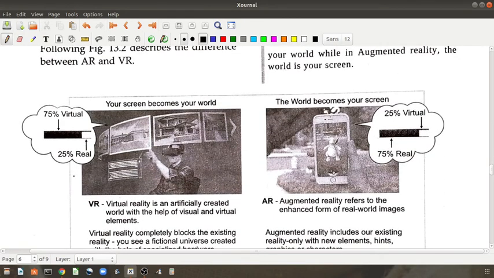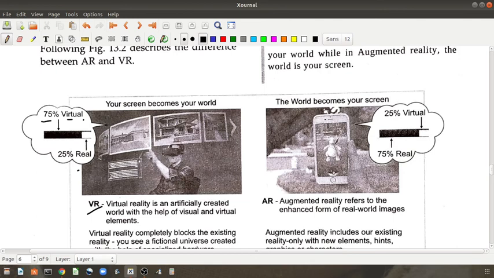See, here it's just the opposite. In VR, 75% is virtual and only 25% is real. What is real about it? That you are sitting on the seat and holding on to the seat tightly if it is a roller coaster ride, but everything else is virtual. The scenery, the motion, the passing of the train, and the environment, everything is virtual.